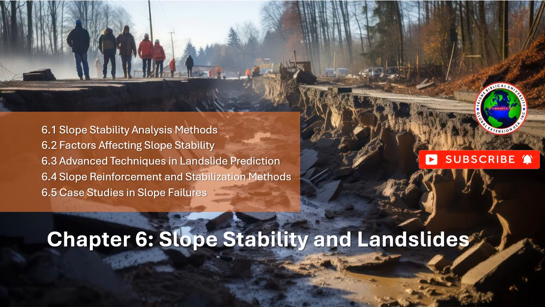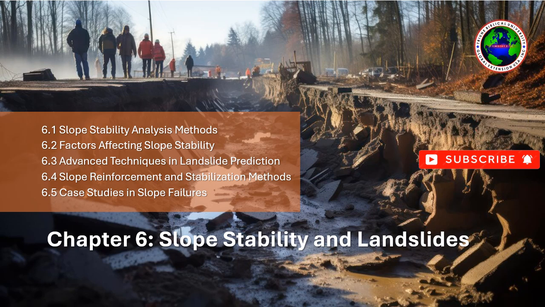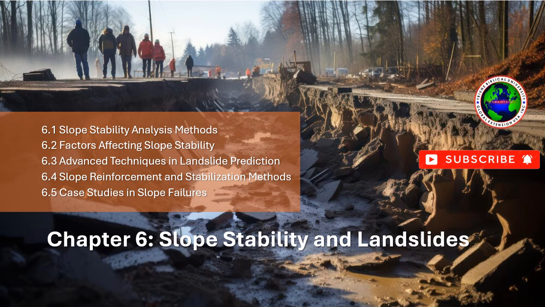Force equilibrium. The method calculates the forces acting on a failure mass, including the driving forces, e.g., gravity, water pressure, and resisting forces, e.g., shear strength of the soil. The ratio of resisting to driving forces determines the factor of safety, FS, of the slope.